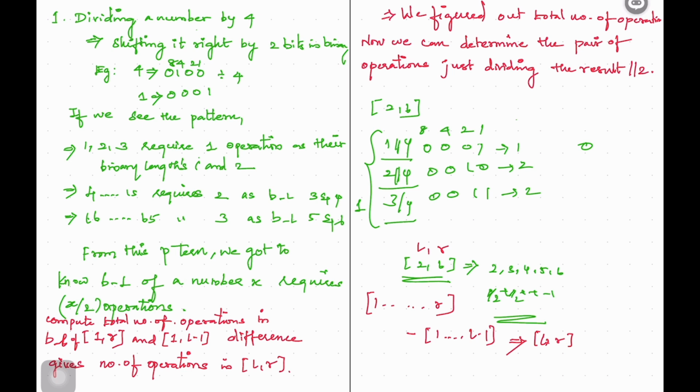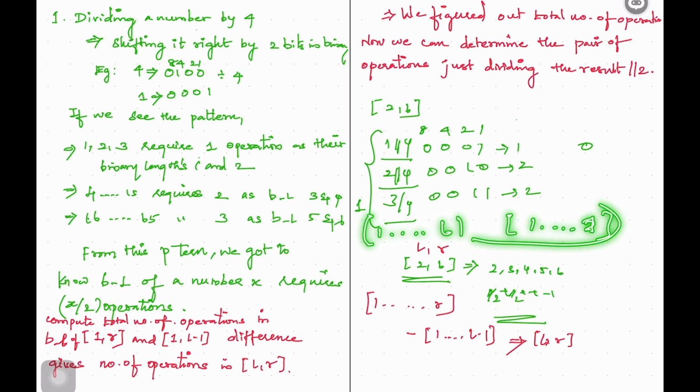So for a particular binary length, these numbers will have that binary length, and the operations will be the given binary length divided by 2. Once we have the binary length of each number, for example for L comma R being 2 comma 6, we calculate from 1 to 6, then from 1 to L minus 1.